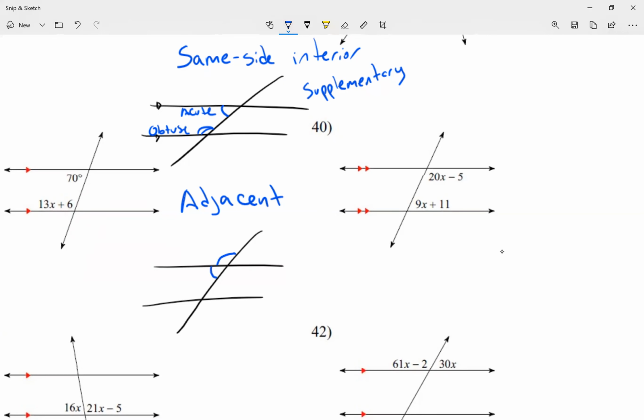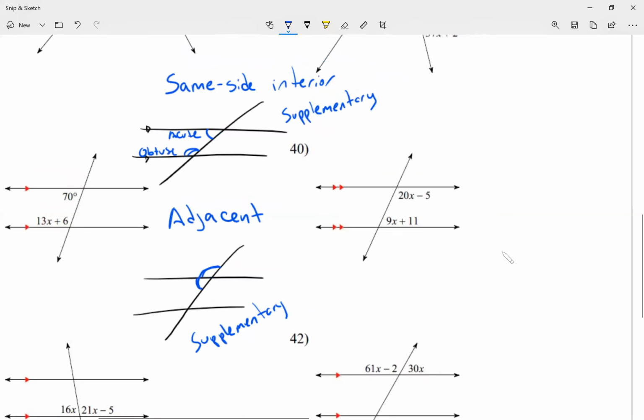They're going to be in one corner and they're going to be next to each other. So they don't quite form an X, they are next to each other. The interesting part is that together they form the angle of a line. And the angle of a line is also supplementary. So I'm going to add the angles and it's equal to 180.